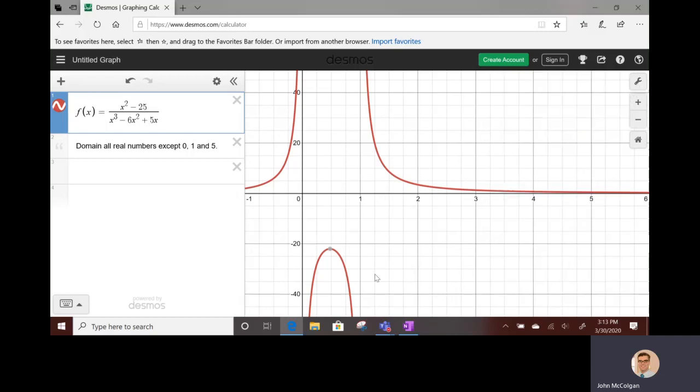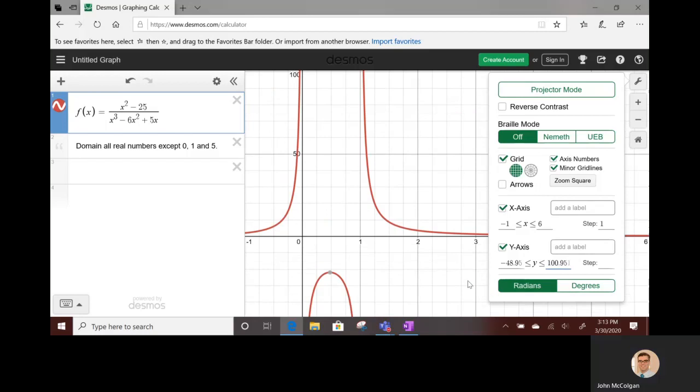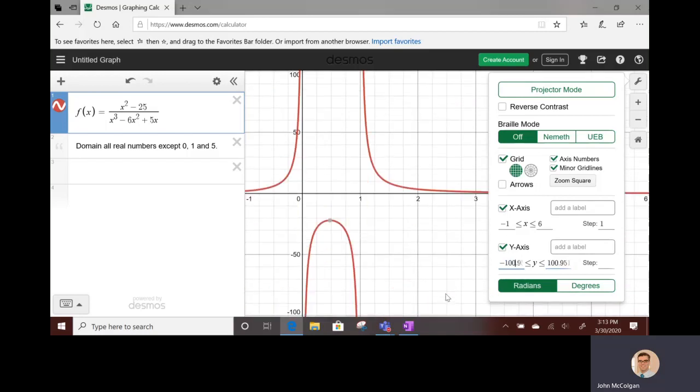And I'm also going to look at the y values, because I want to know if we have asymptotes or not. So maybe I'll even make my y values go a little bit bigger, up to 100 and down to -100, just to get a better idea of whether we have asymptotes or not.